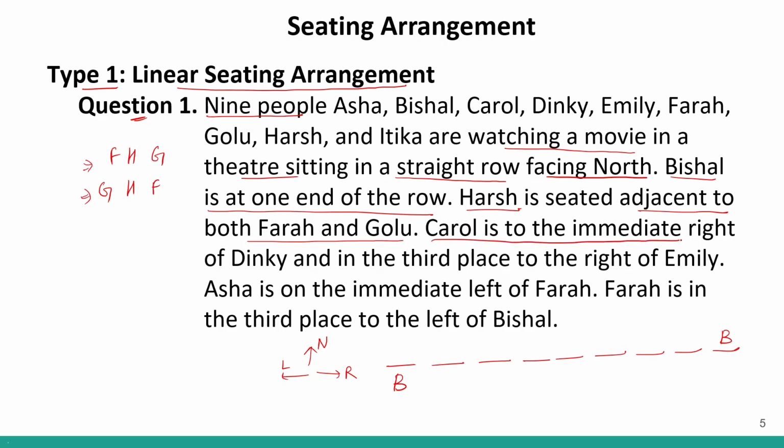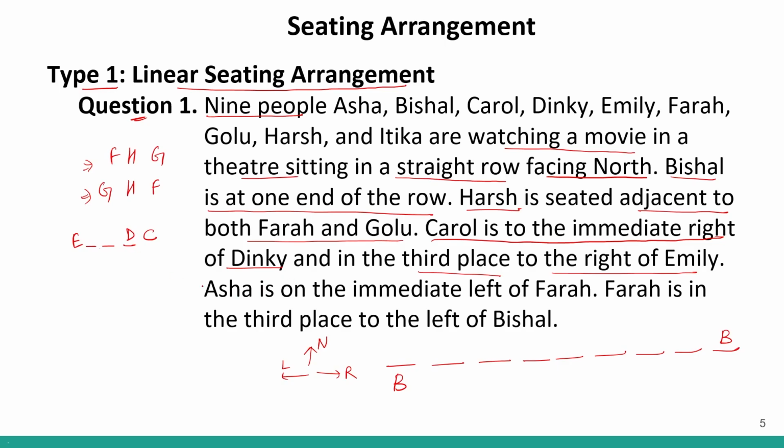Carol is immediate right of Dinky and in the third place to the right of Emily. So if Carol is over here, she is immediate right of Dinky, so Dinky will be immediate left of Carol. And Carol is in the third place to the right, so 1, 2, 3 places to the right of Emily. Now we have 1, 2, 3, 4, 5 people that we have to place.